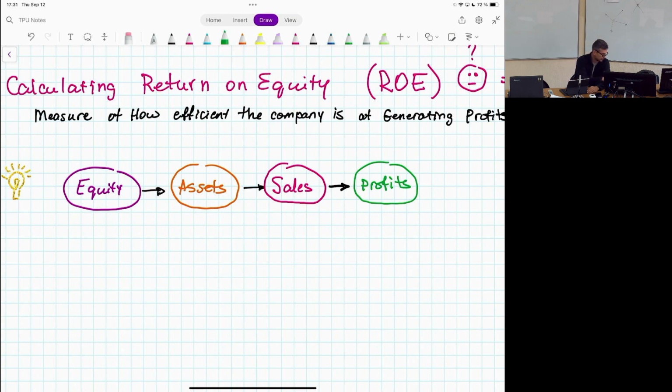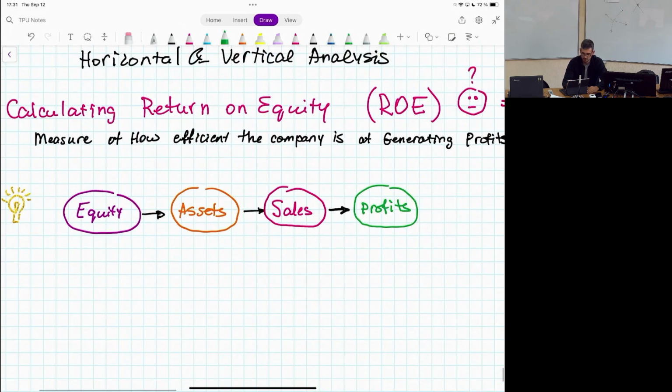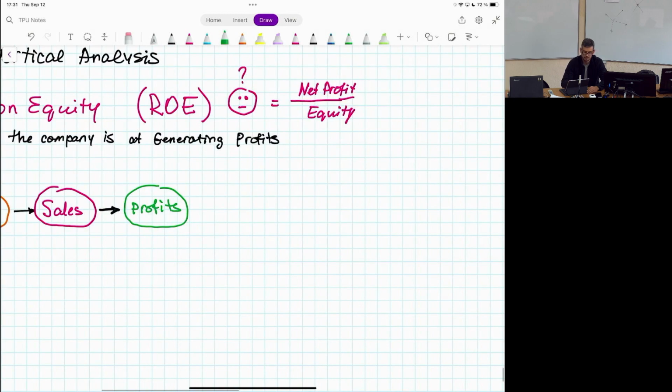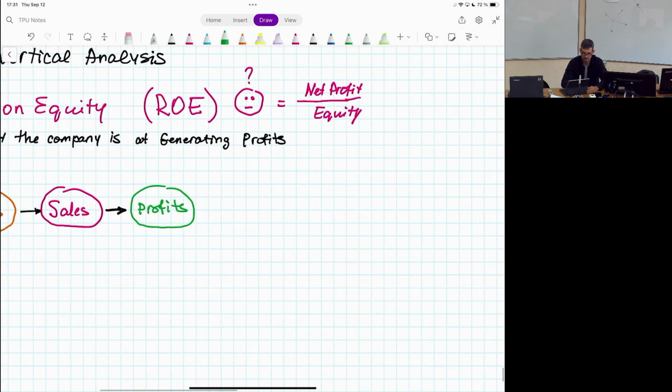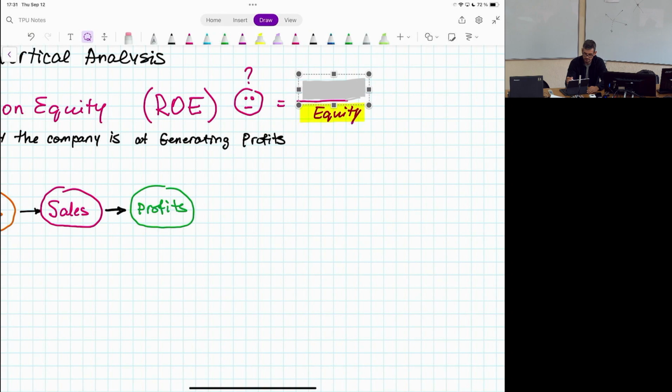So return on equity, on the one hand we looked at it and we said this is net profit divided by equity. If I do it a little bit in a different way, I can write it this way. So we take equity, which was there, and net profits were here.